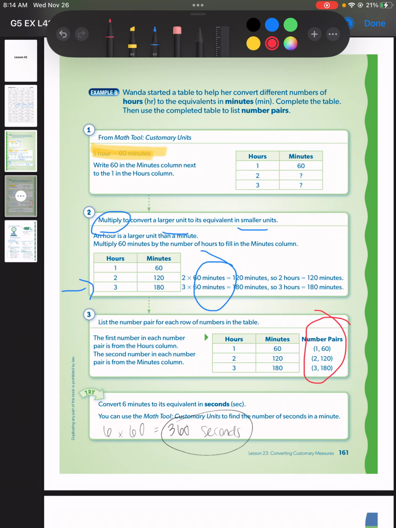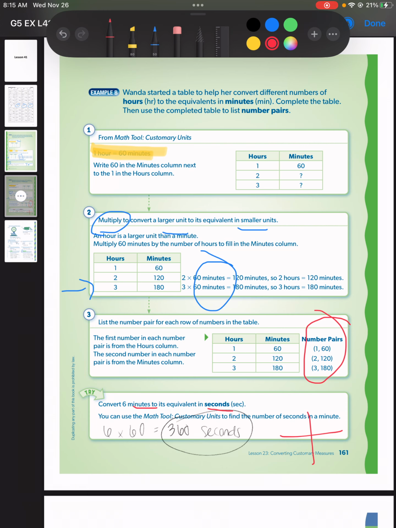Now we jump into the try it. Here in this try it, we are converting from minutes to seconds, which is not what we were doing above. So you want to make sure kids see the difference, that we're going from minutes to seconds, and push them to create a table, just like we did before.